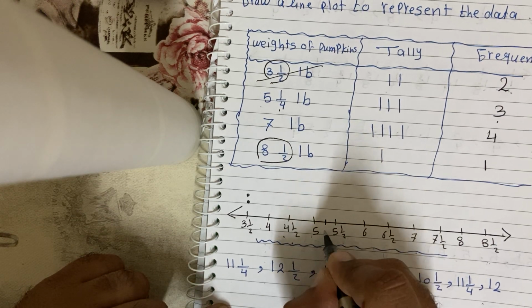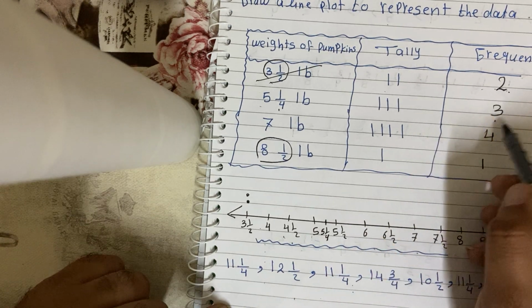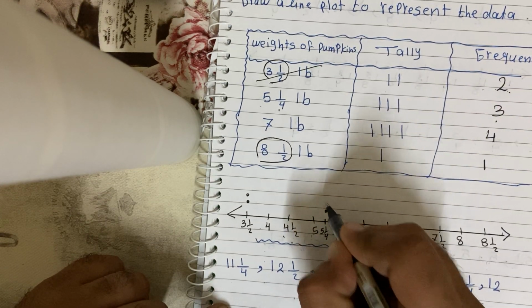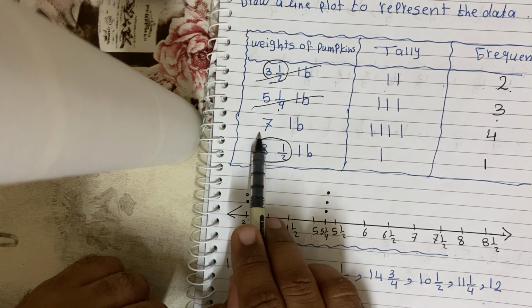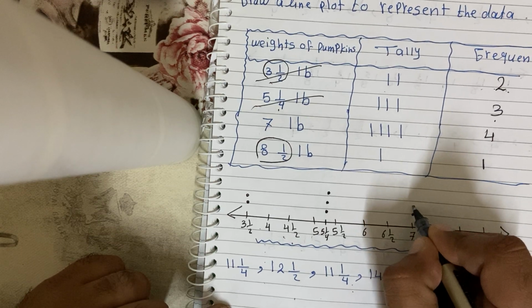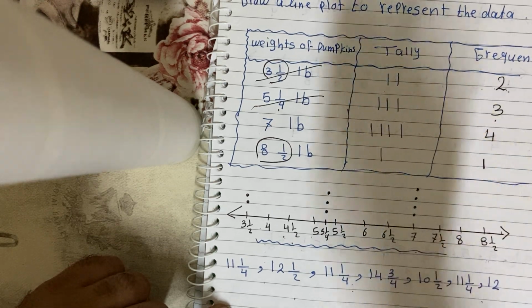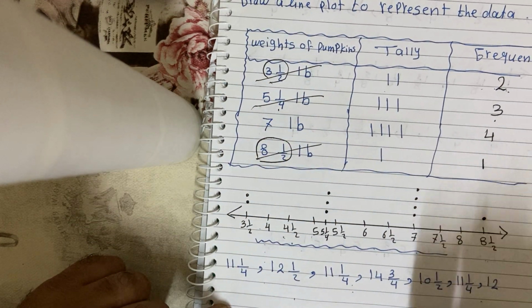So here will be 5.25. 5.25 has 3. 1, 2, 3. 7 has 4 dots. 7 here has 4. 1, 2, 3, 4. 8.5 has only 1 dot.